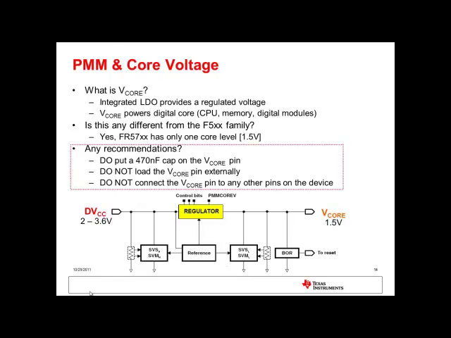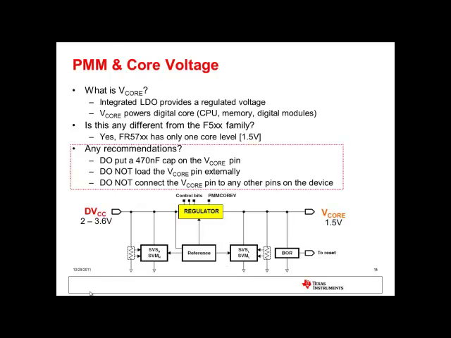In the FR57xx device, the core voltage is fixed at a single level, which makes it different from the programmable flash F5XX PMM. A few guidelines that are important to follow with respect to the PMM are: always use a 470 nanofarad capacitor on the V-core pin.